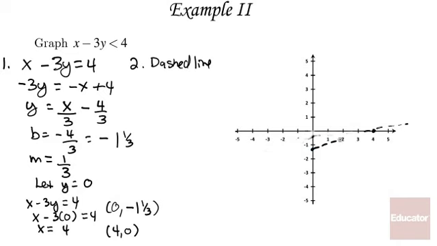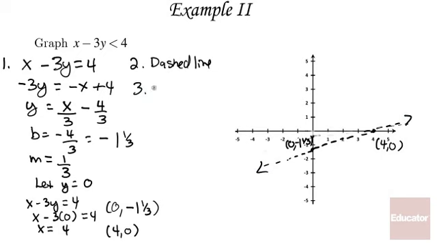So this is the line I will come up with. My first point is 0, negative 1 and 1/3, and my second point is 4, 0, to give me this line.